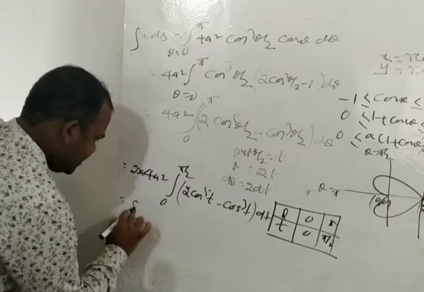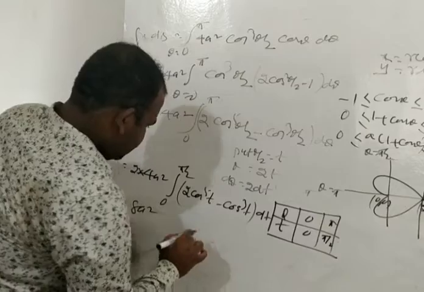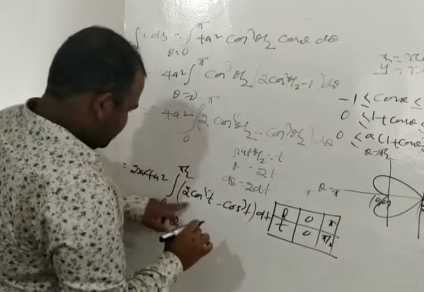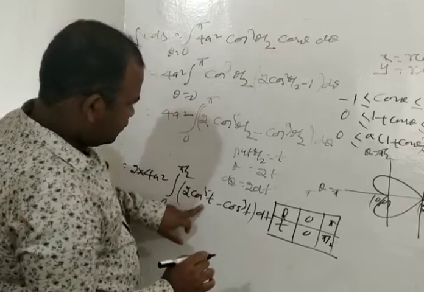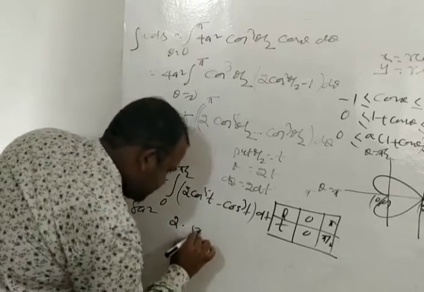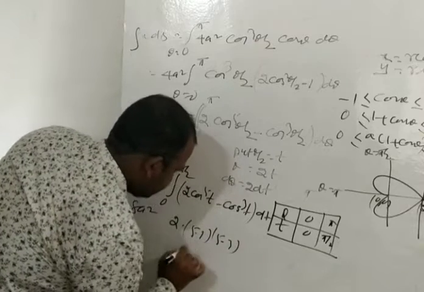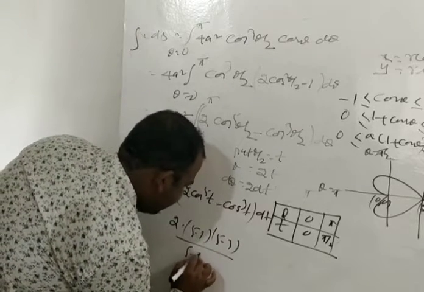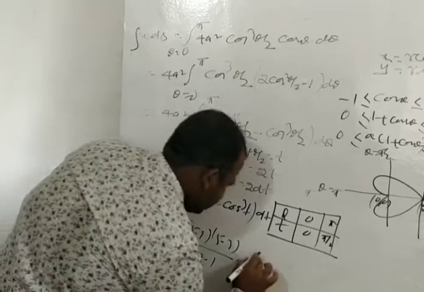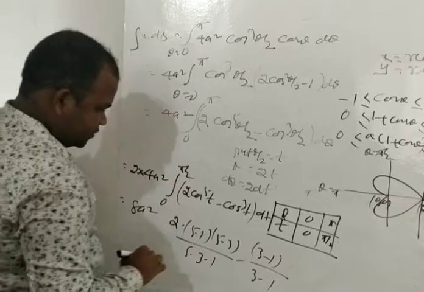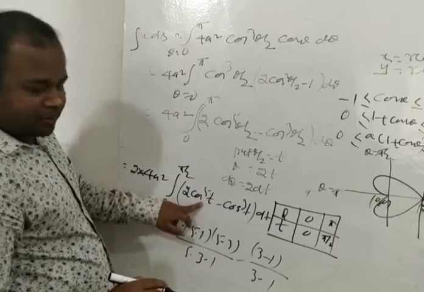So this is 8a square. Cos raised to 5t gives (5 minus 1)/5 times (5 minus 3)/3 times 1, and minus (3 minus 1)/3 times 1. This is the process of the reduction formula that we will put.